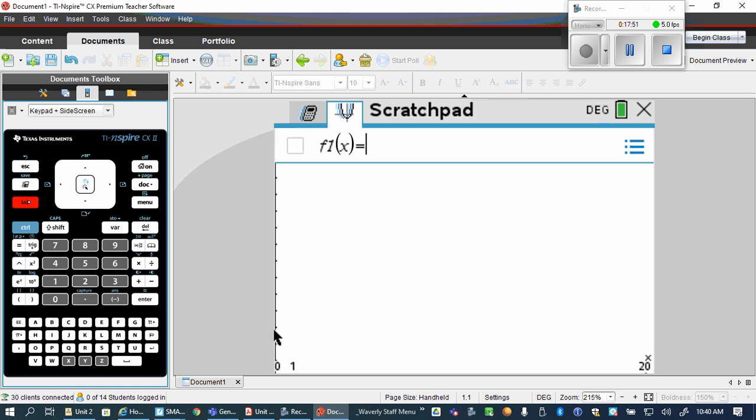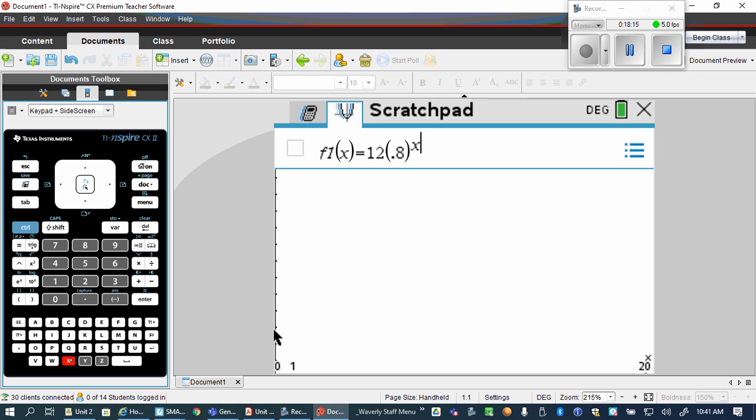Now let's put our function in there. Push the menu, graph edit, entry function. 12 times 0.8, parentheses, exponent x.